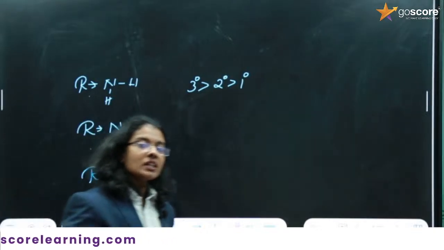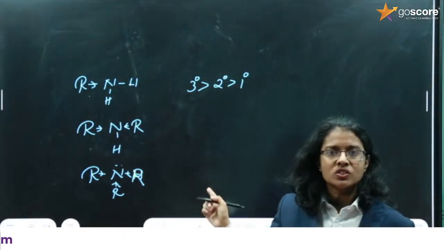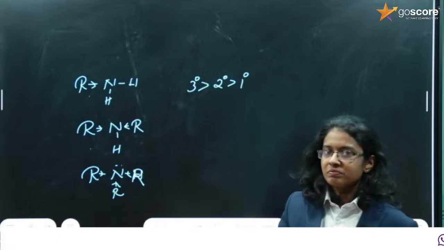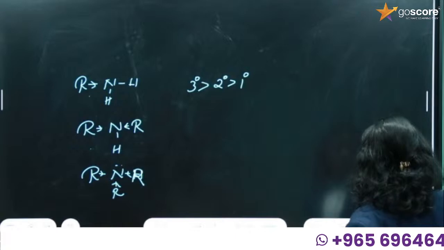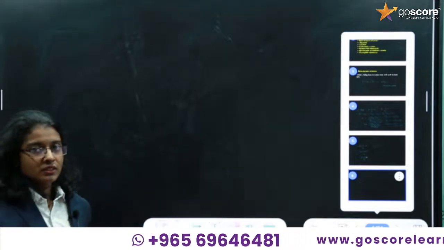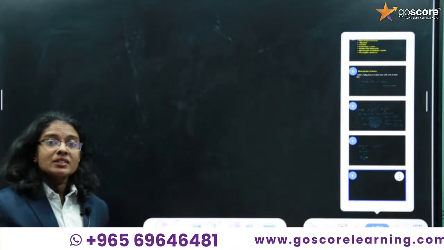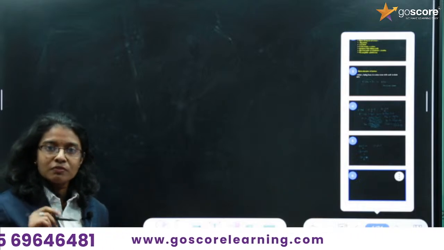But when you compare in aqueous medium, this is not the case. Why does the order change in aqueous media? See, in aqueous media, the basicity order is determined by the stability of the conjugate acid. The stability of the conjugate acid depends on three factors.